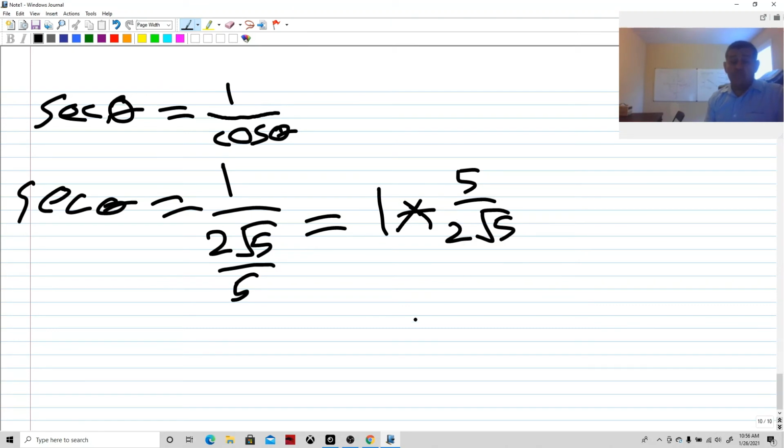So now think about it. Now I have to get rid again of that radical. So secant of theta is equal to what? Is equal to 1. All right, so I have to say that 5, and I got to multiply that by 2.